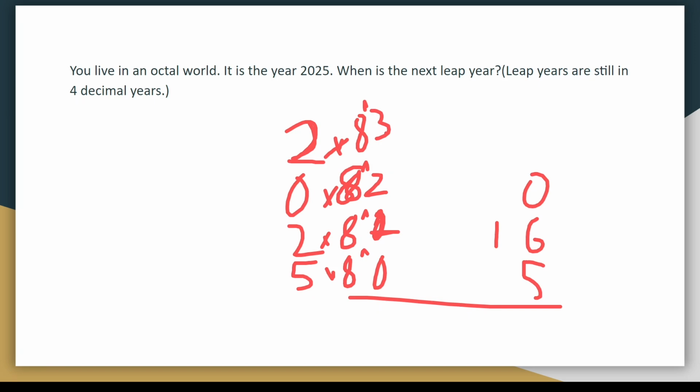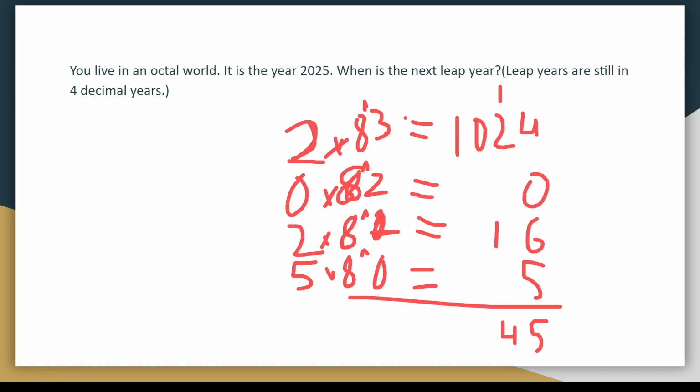And now 8 power 3, just do the math, it's 512. So 512 times 2 is 1024. Add it up, and we get our answer. So it's actually the year 1045 in decimal.